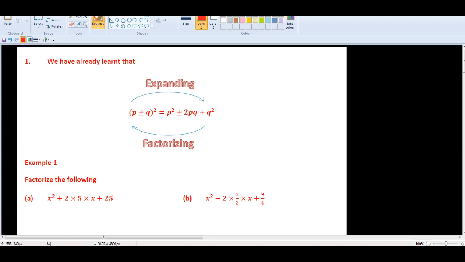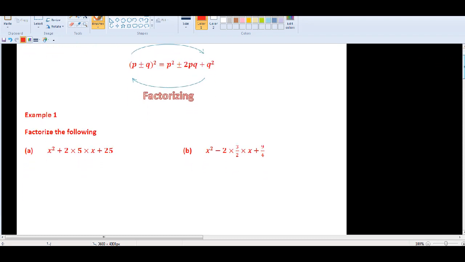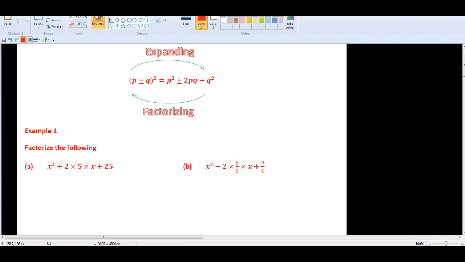So this is a very useful pattern for some of our coming work. If you remember this, then we are going to apply this for our factorization in the forthcoming questions. But this is not the main purpose of this video, but you need to know this, right?